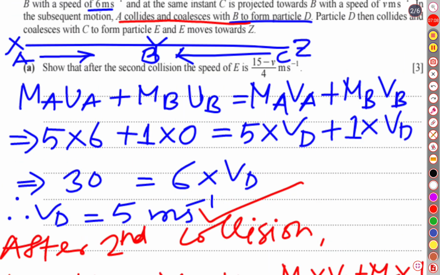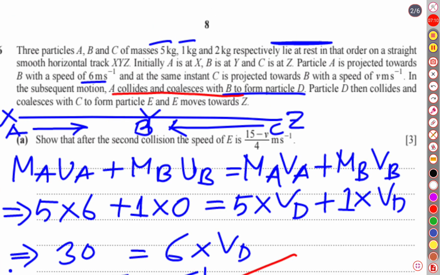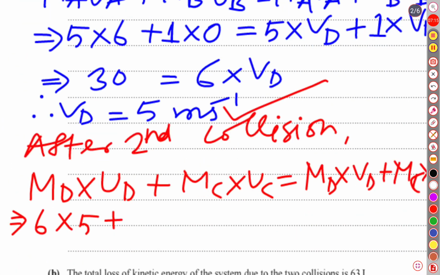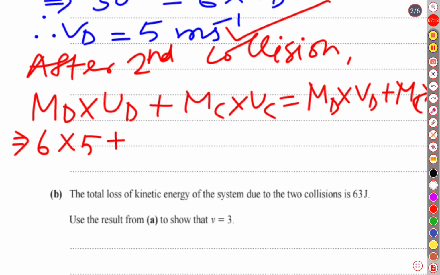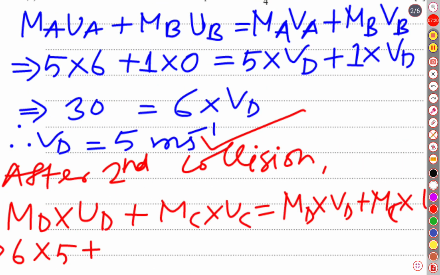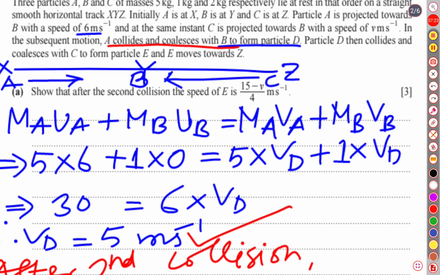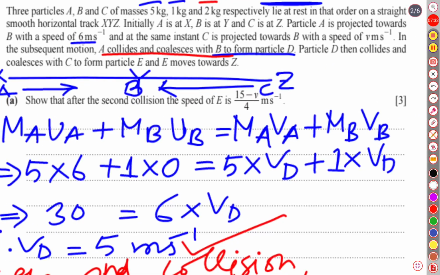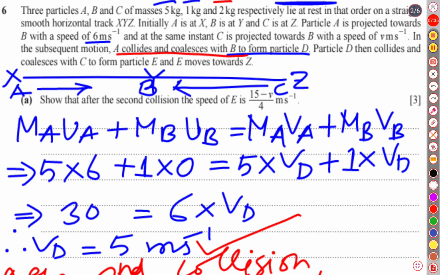Here it is written that C was projected towards B with the speed of v meter per second. Here, the initial velocity is v and the mass of particle C is 2.